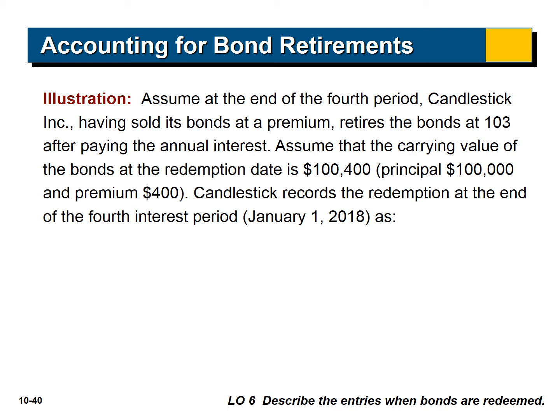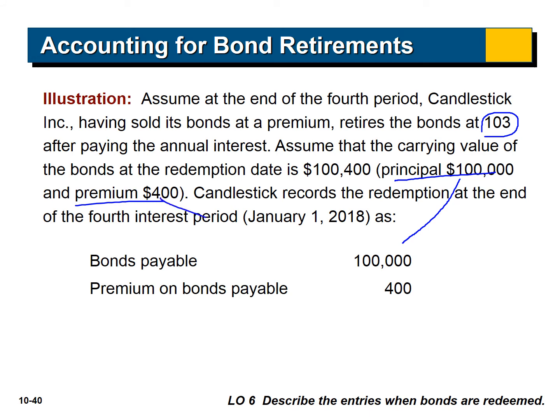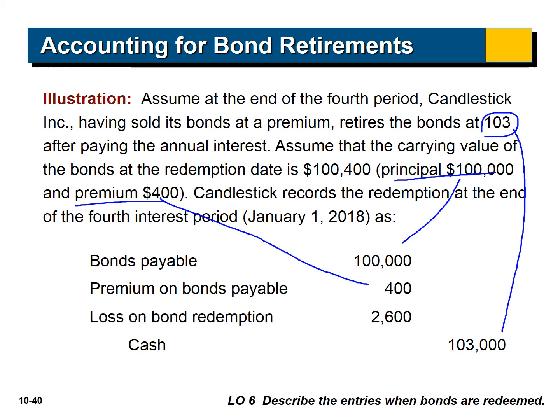Well, what we're going to have to do is remove both the principal and the premium and record the cash price of 103. So remove the principal, remove the premium, record the 103 times 100,000 cash amount, and the difference is going to be a loss.